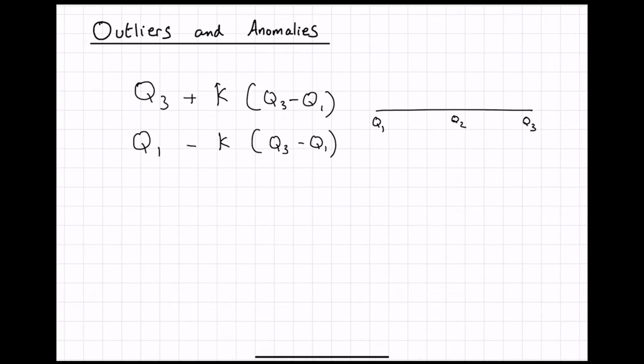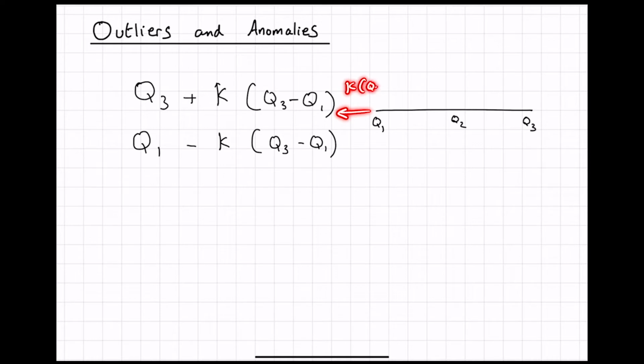What I'm trying to say is that anything which is k times the interquartile range more than Q3 is an anomaly. So I have a tolerance of this much. Anything within that is okay, but anything more than that would not be good. It's the same thing from Q1, the only difference is that I'm going down, so we take away lots of that.